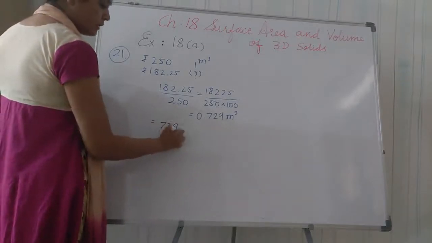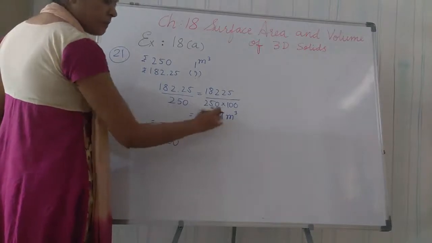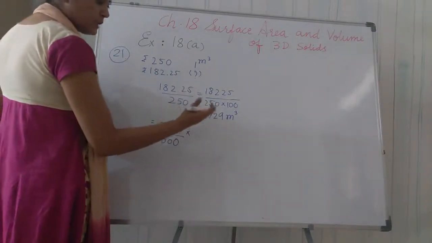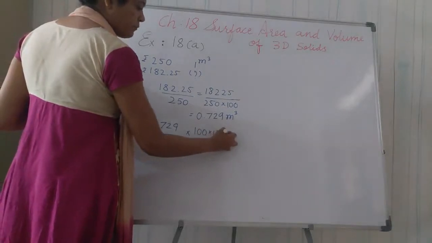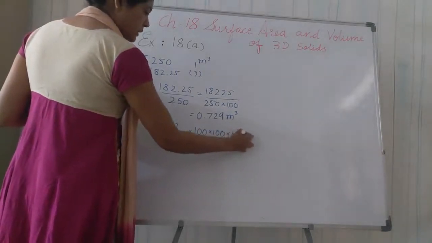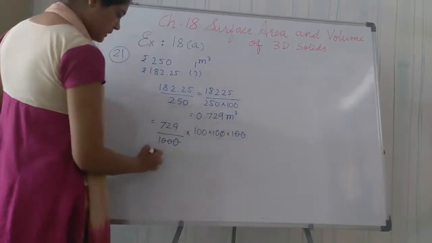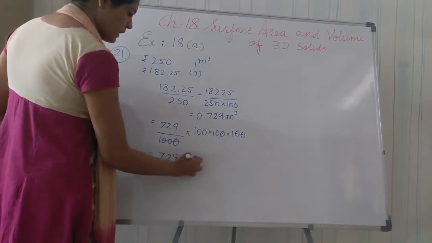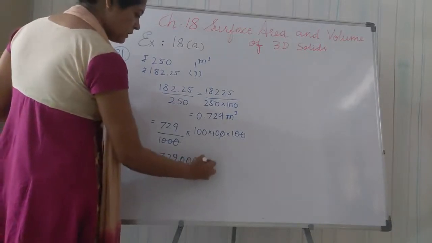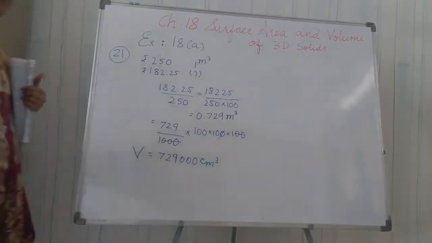For that I am converting this to a fraction first, and then from meter cube to centimeter cube we have to multiply 3 times by 100, and so I get 3 zeros cancelled and 729 and 3 more zeros in centimeter cube. So this is the volume of the block we found.